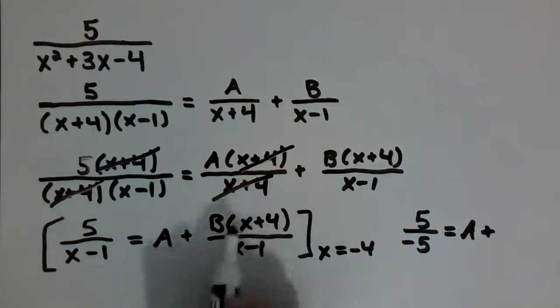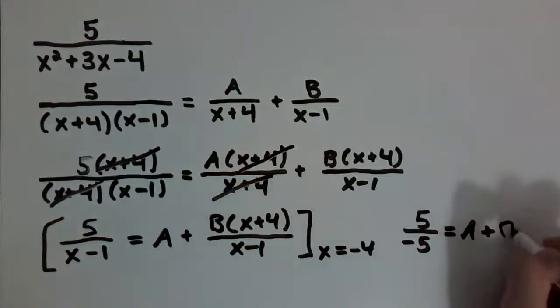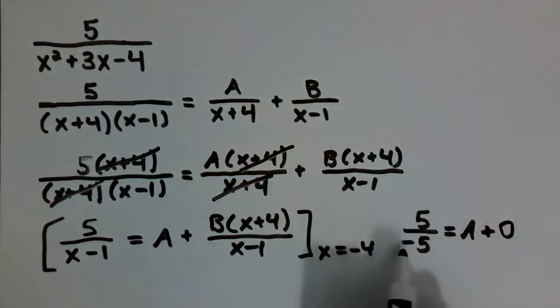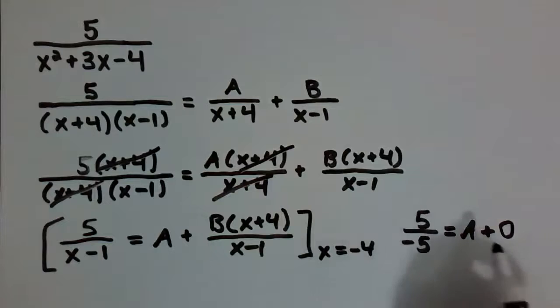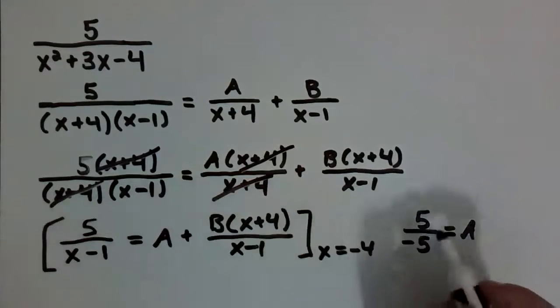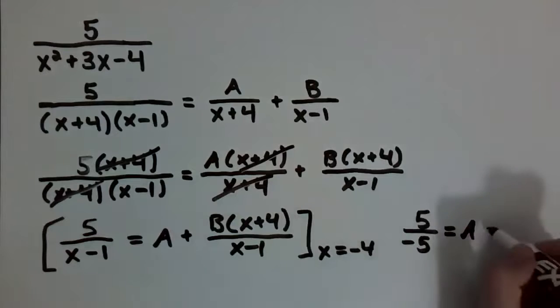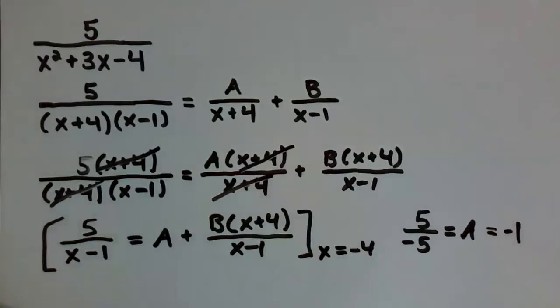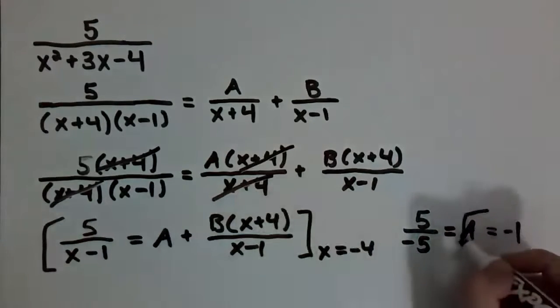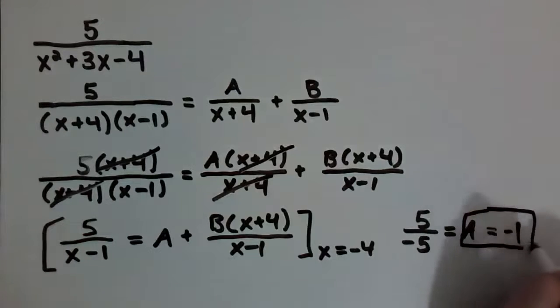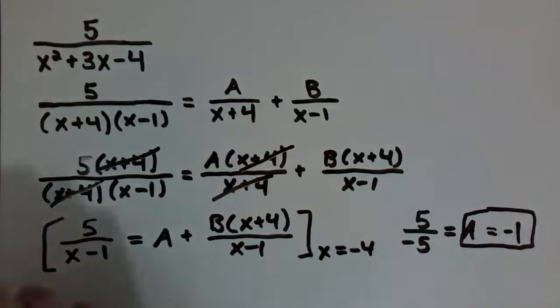So this whole thing will evaluate to 0. So we'll get 5 divided by -5 equals a plus 0, or just a. And 5 over -5 is -1. So right off the bat, just like that, we solved for a. So that was simple enough considering how much work we had to do in our algebraic method.